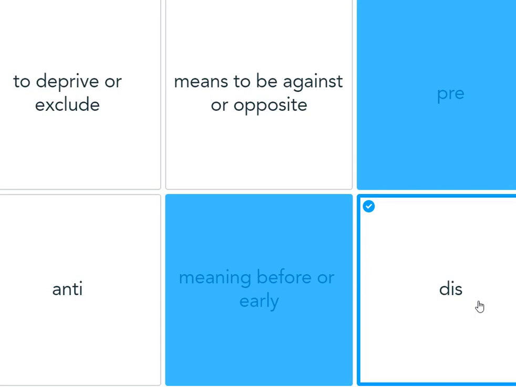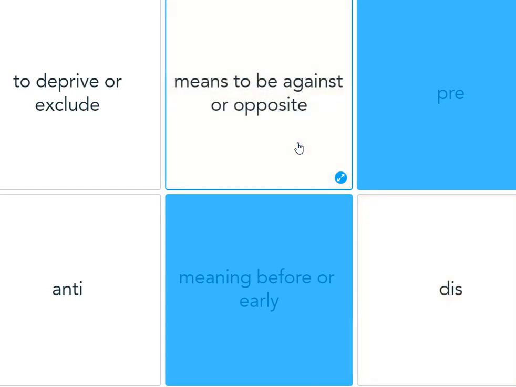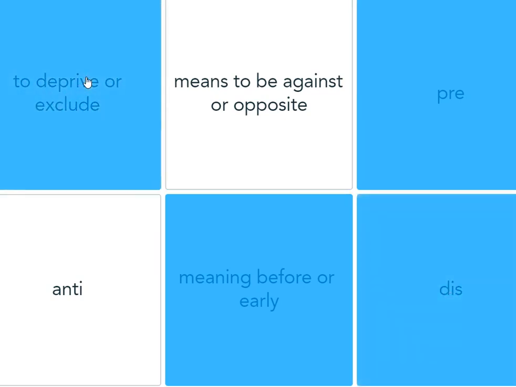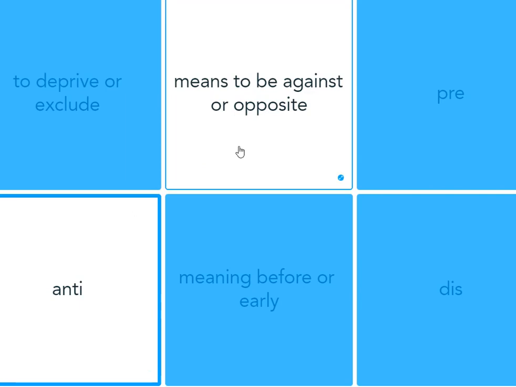Let's see what would happen if you clicked on anything. Oh no, I'm definitely not liking this. See, that would happen if you're not doing it right. Next, dis definitely means you're deprived or excluded. I hope you guys were paying attention. Perfect. Which leaves us with anti, which means against or opposite, most definitely.